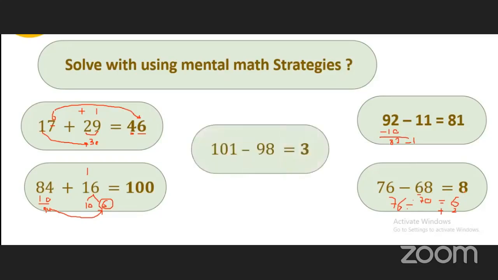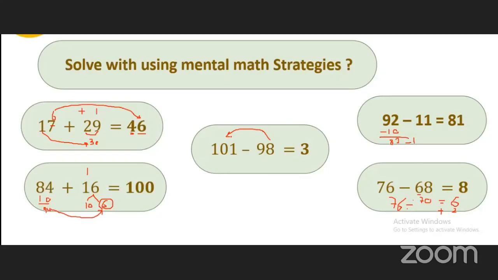Here's the last one: 101 minus 98 equal 3. So how can I do it? It's very easy. Excellent. We can make what? Counting, or it's called what? Not break up and bridge, not compensate, benchmark.